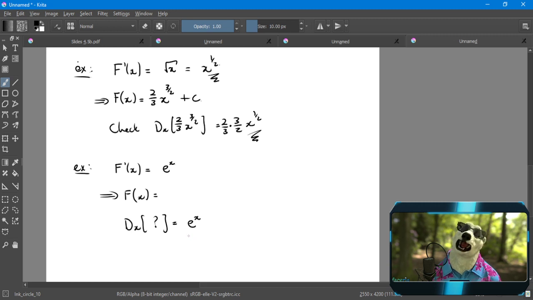Again, I'm just drawing on my knowledge of exponential functions to know that it's e to the x. E to the x is the function that has itself as derivative. Of course, I add the constant and I'm done.